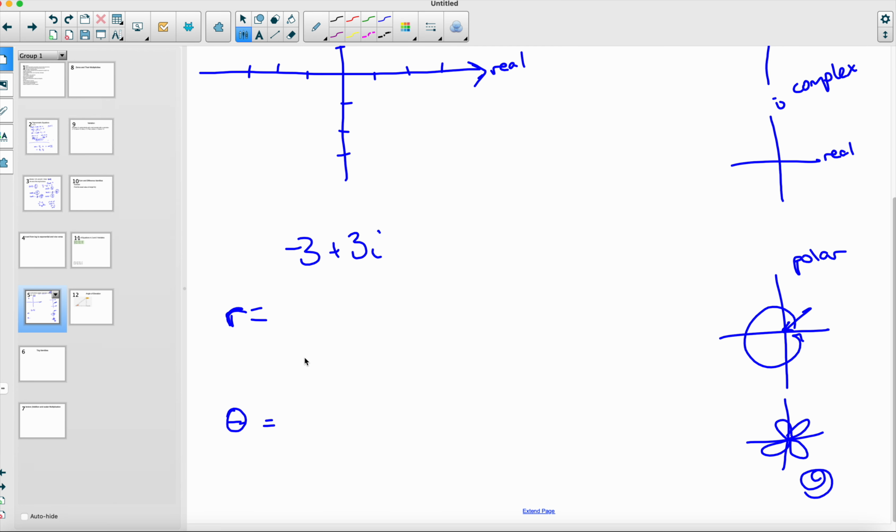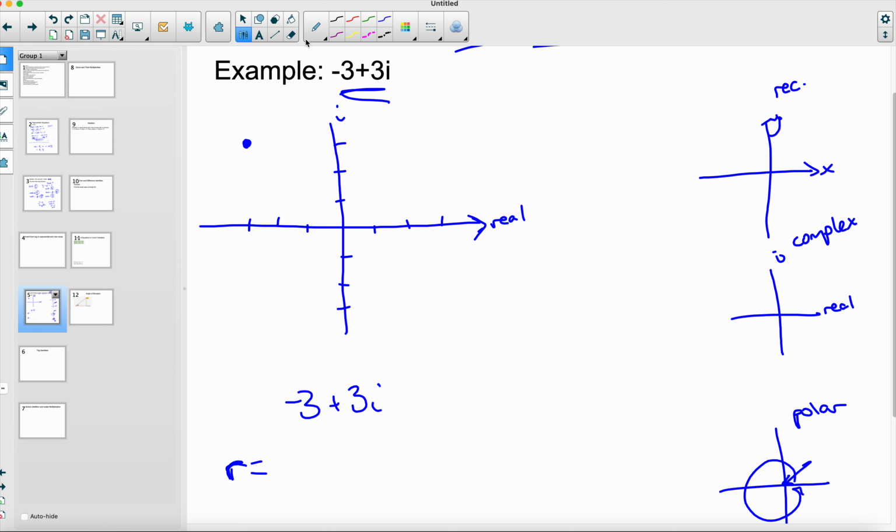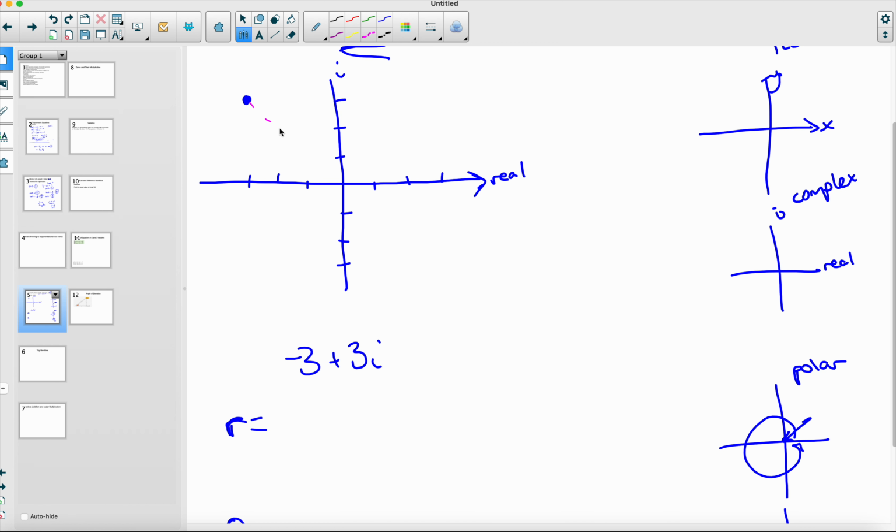What helps with that is, it's not craziness. A right triangle can be created where the base is 3 units and the height is 3 units, and the angle here is the reference angle that will help us determine the actual angle from standard form.